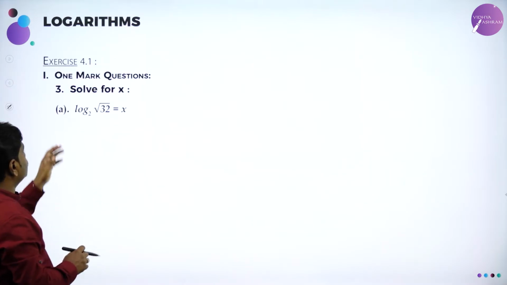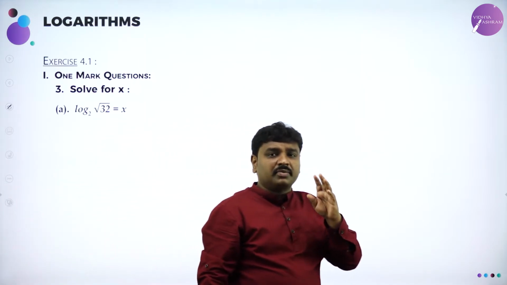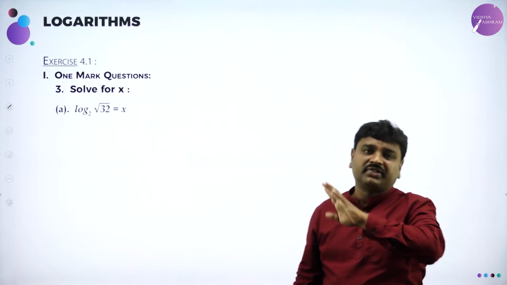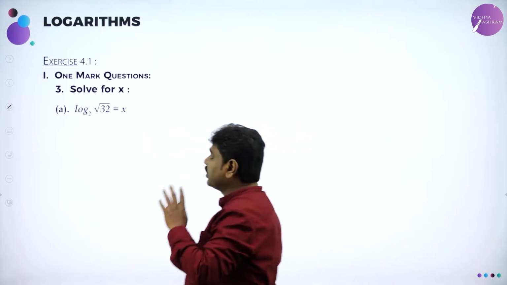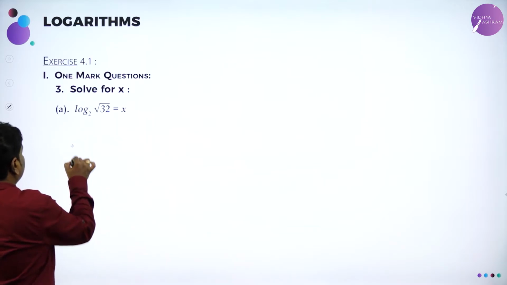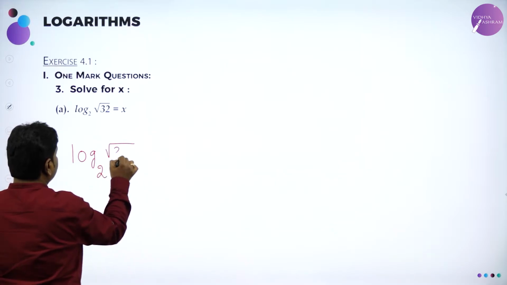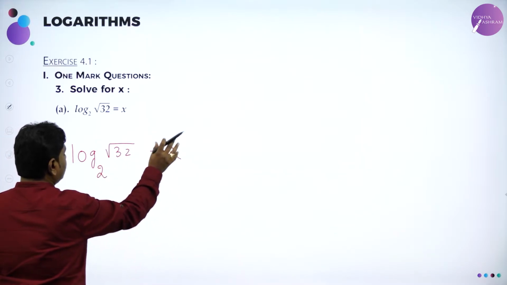Next we have solve for x. What is meant by solving? Solving means finding the value of x. So now from this we need to find the value of x. So I can convert it. They gave log base 2 of root 32 is equal to x. Now I need to find the value of x.